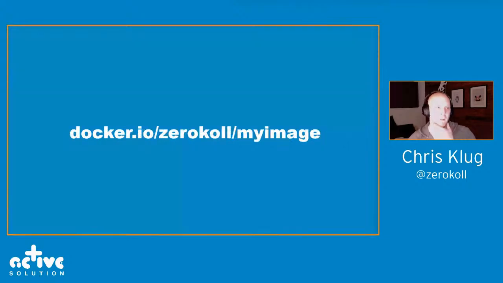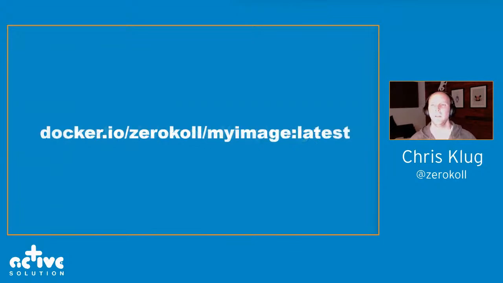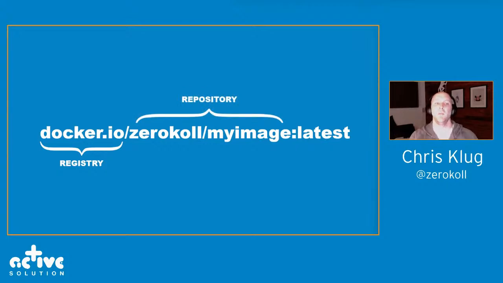And if we look at the address here, docker.io /0call-my-image, it actually turns into this address here where it adds a tag at the end. So the first part is what's the domain name of the image registry where the images are stored. What's the name of what's called the repository? Basically, what's the name of the image that I'm trying to download?